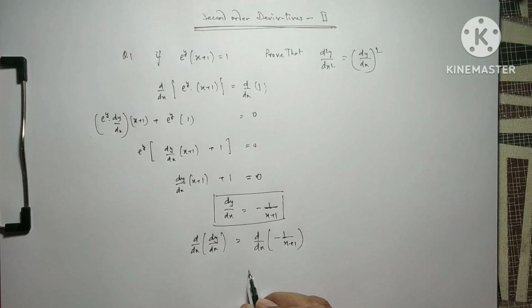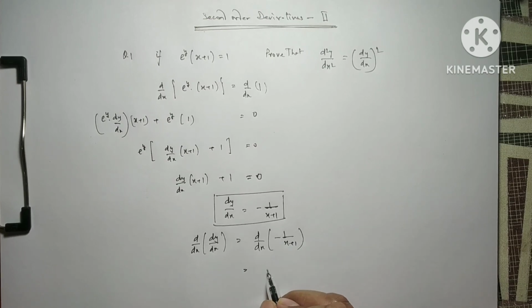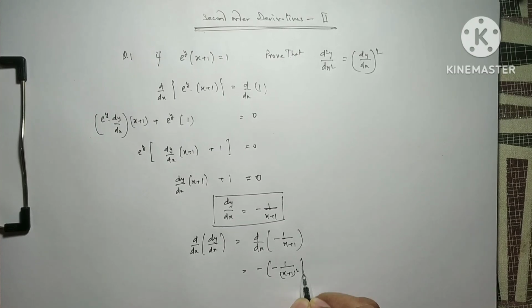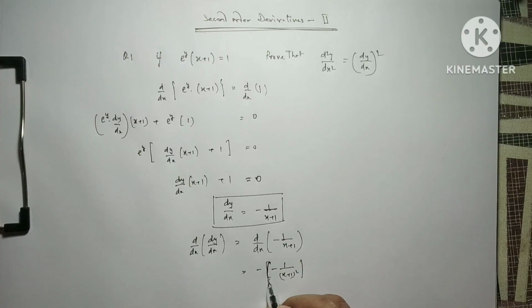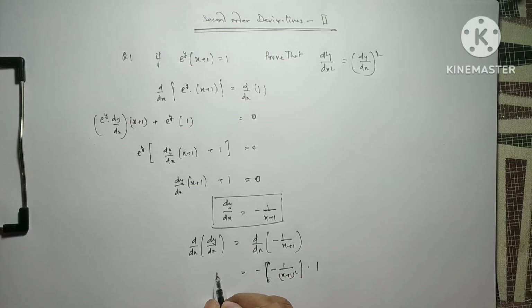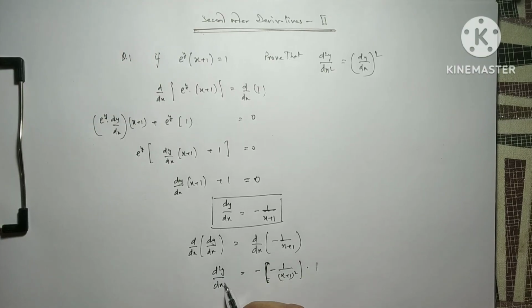According to the chain rule, this becomes minus 1 over (x plus 1) whole square, and the differentiation of x plus 1 gives 1, and there is d2y over dx square.